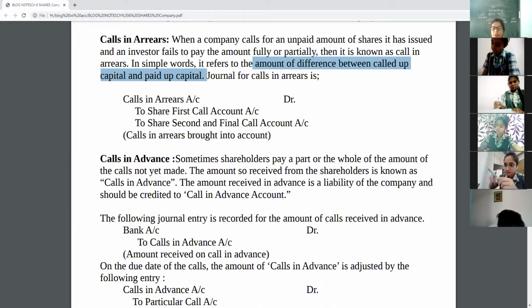This question came in CBSE and it's very easy. X Limited called a first call of rupees on 10,000 shares, but a holder of 500 shares was unable to pay.